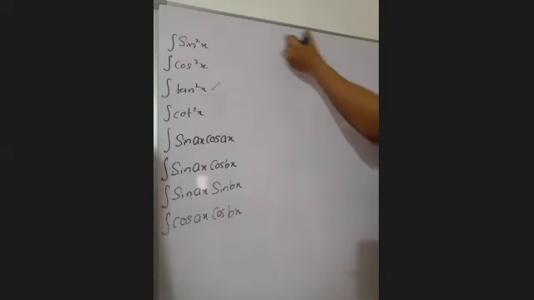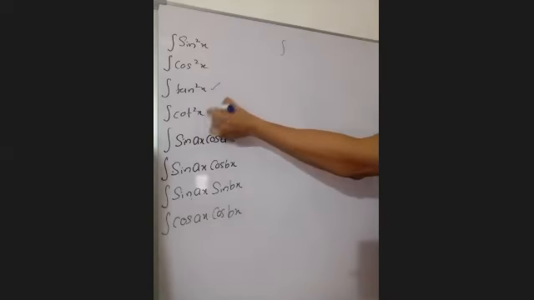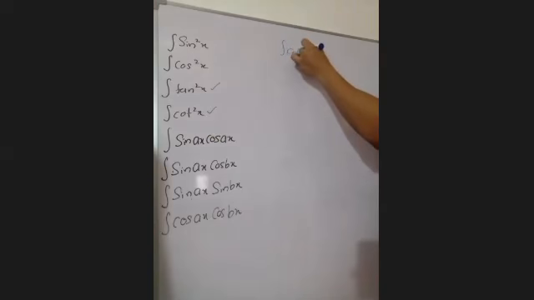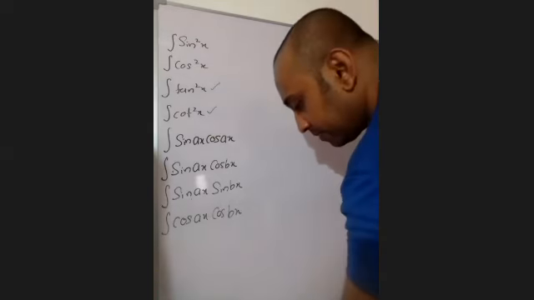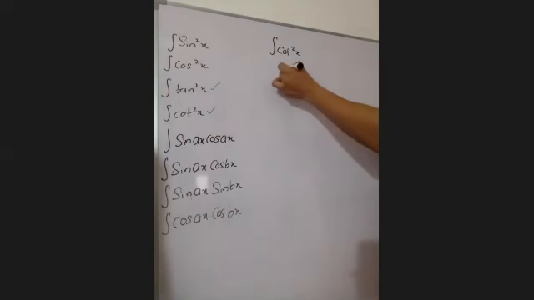Then I'll go ahead with the integration of cot squared x. Is that clear, what I'm writing on the board? This is how to find the integration of cot squared x. We know that cot squared x plus 1 is equal to cosec squared x.